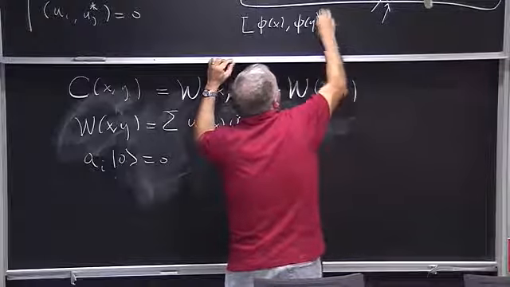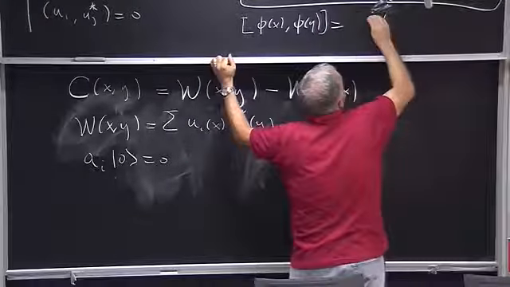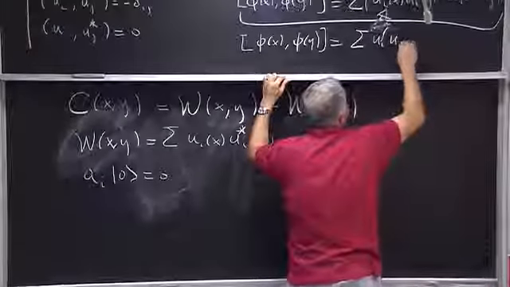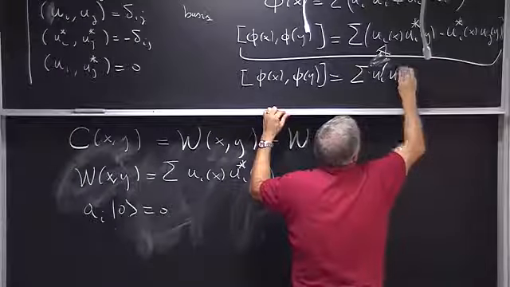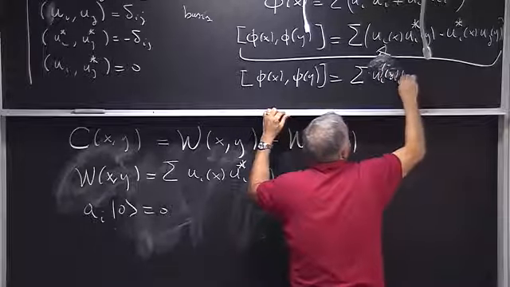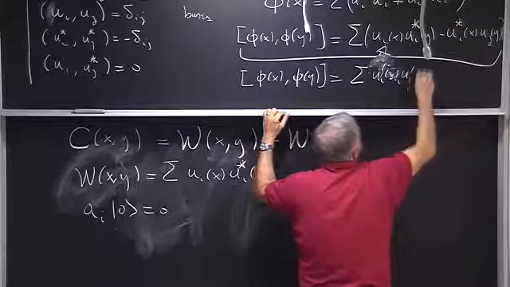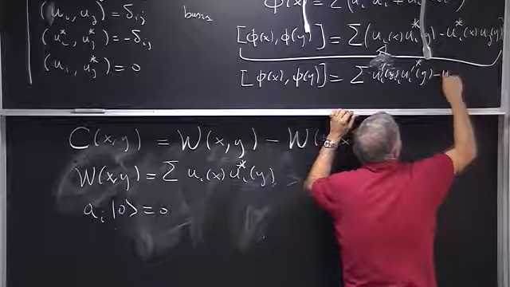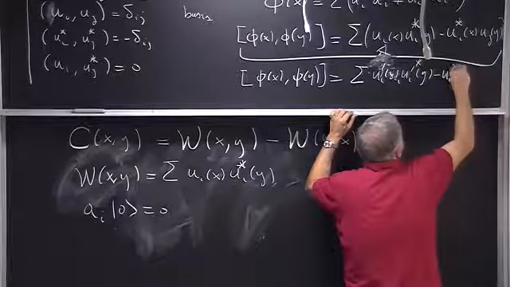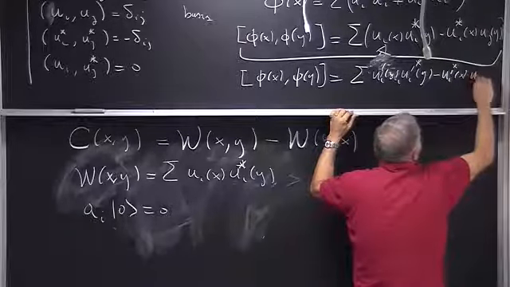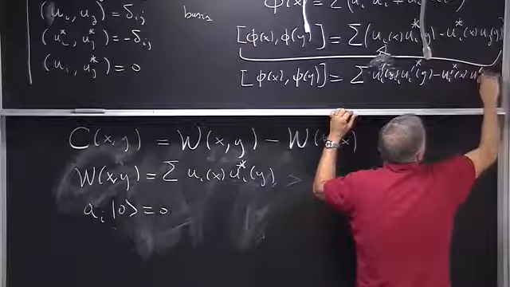In terms of the prime modes, this is also the sum of u prime x, u prime star y minus u prime star x, u prime y.